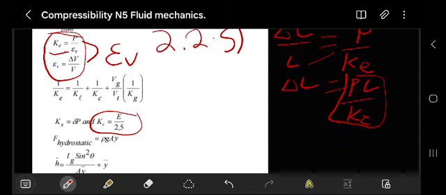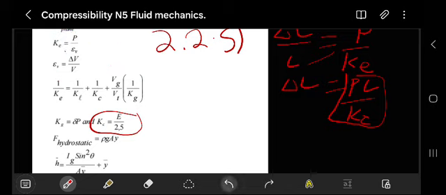Now let us find the change in length. Now we know the formula that we're supposed to use, isn't it? Here is our formula.